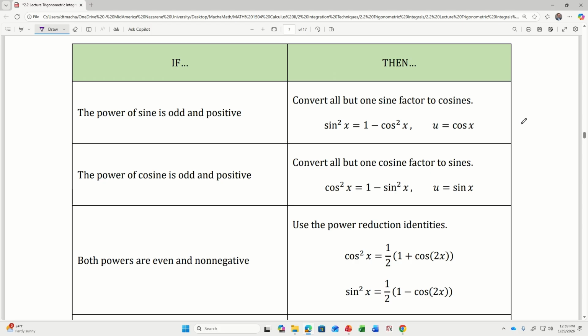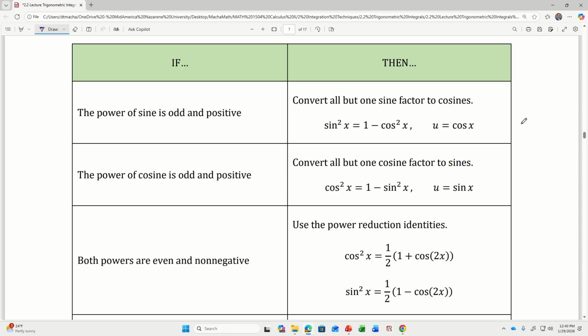But in general, we'll walk through each one of these cases. If you've got one of these integrals and the power of sine is odd and positive, like sine to the power 3, then you want to convert all but one of these sine factors to cosines. Since sine is odd, take all but one of those so that you have an even power of sine, and then convert those into 1 minus cosine squared. After you make this conversion, you should be able to do a u substitution where you set u equal to cosine.